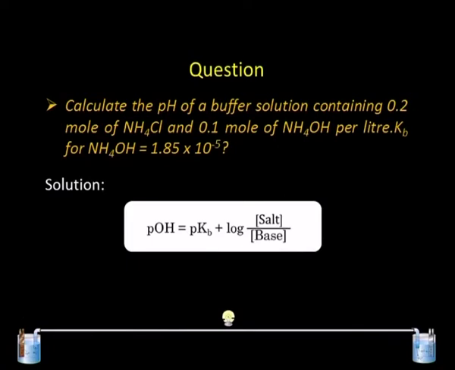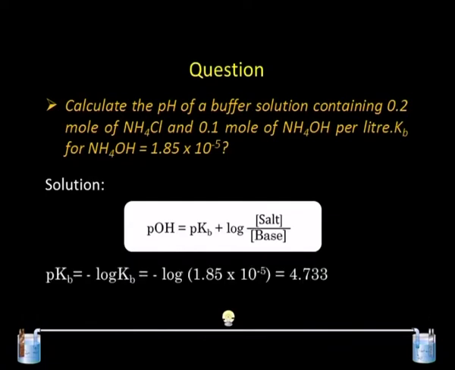There is another question for buffer solution. Let us calculate the pH of a buffer solution containing 0.2 mole of ammonium chloride and 0.1 mole of ammonium hydroxide per liter, where Kb for ammonium hydroxide is given as 1.85 into 10 to the power minus 5. Again, we are using the same equation. pOH is equal to pKb plus log salt concentration divided by base concentration.